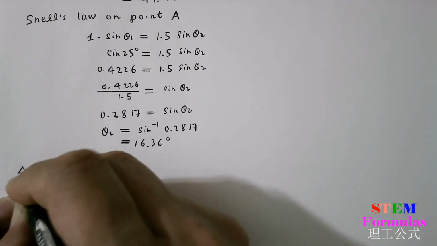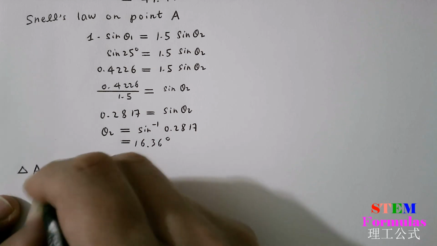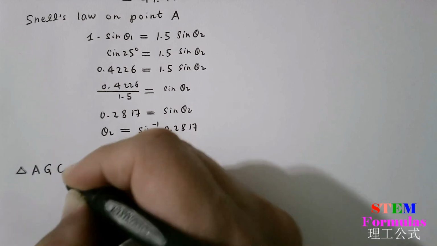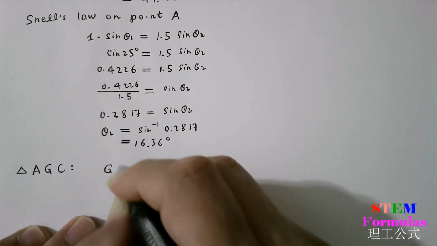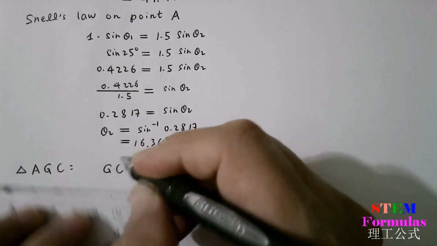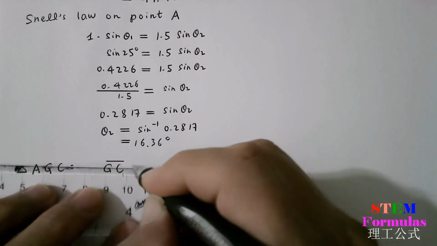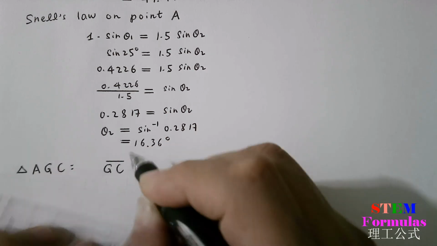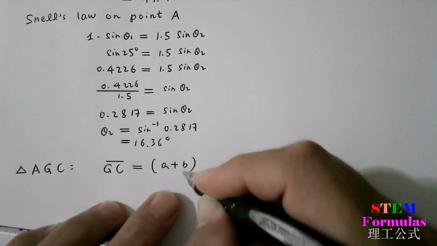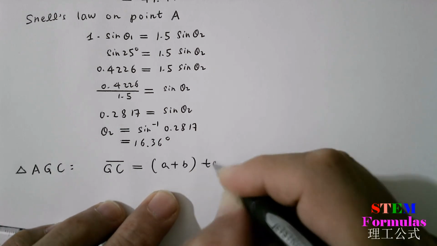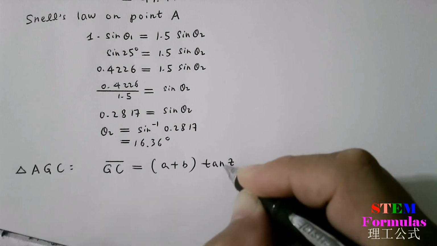For triangle AGC, GC equals (a plus b) times tangent z.